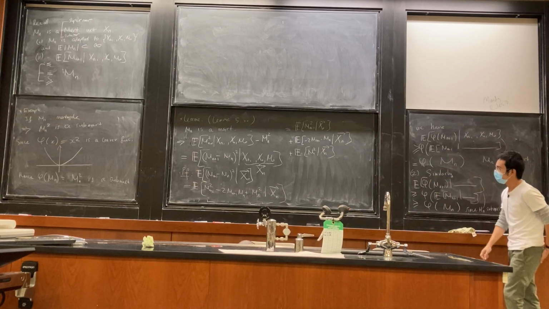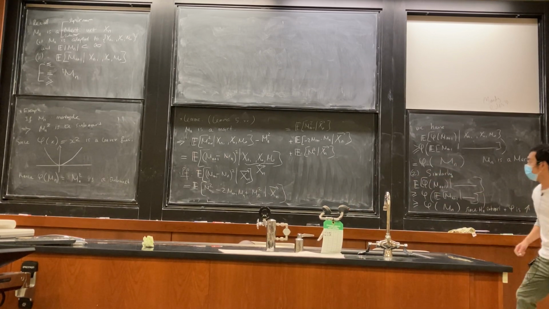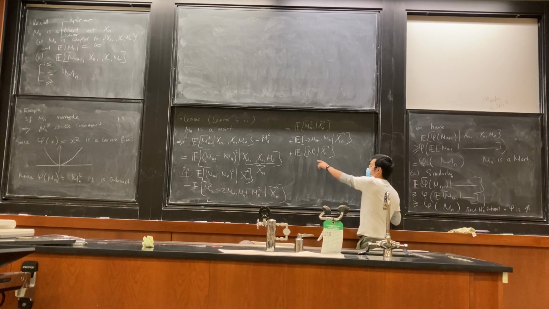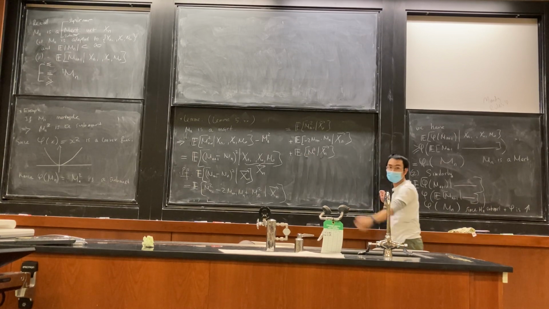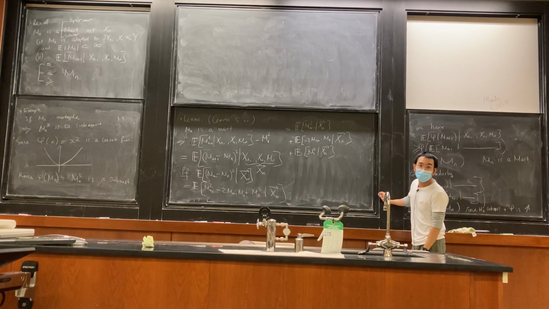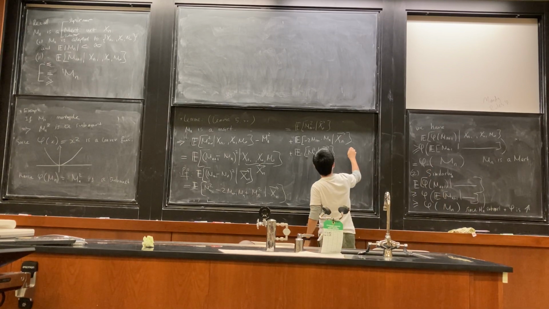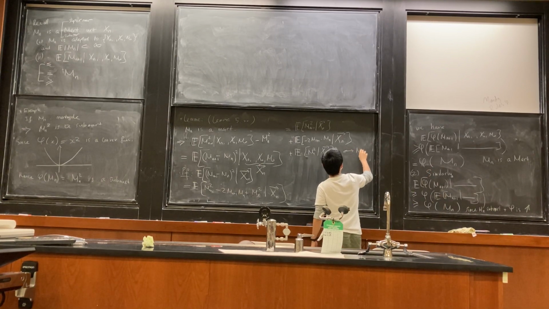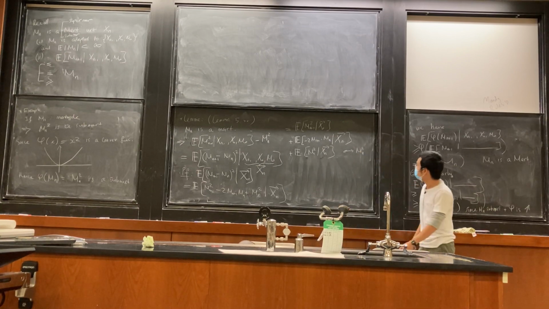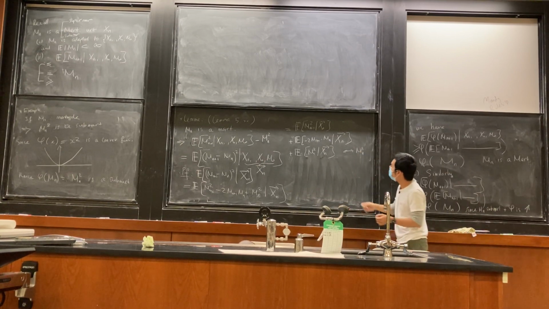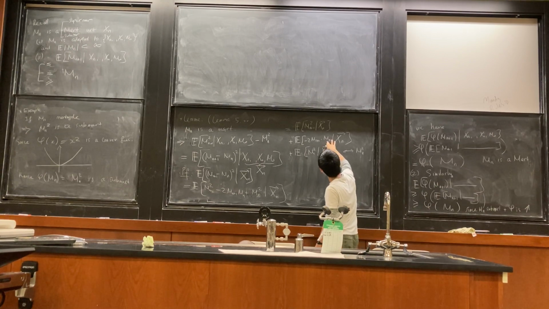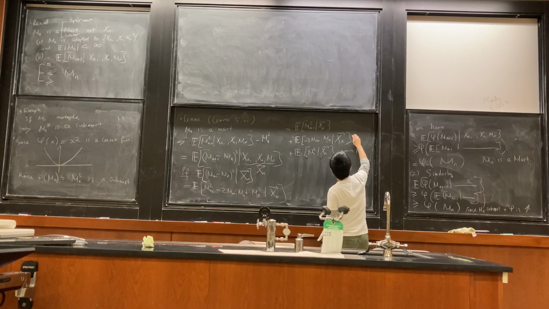So I split everything. Because Mn is adapted to the past, this conditional expectation is Mn squared. And similarly, because Mn is adapted to this, it can be brought outside of the conditional expectation.